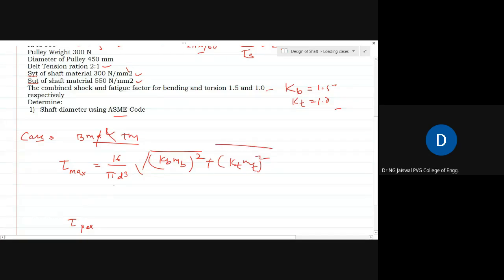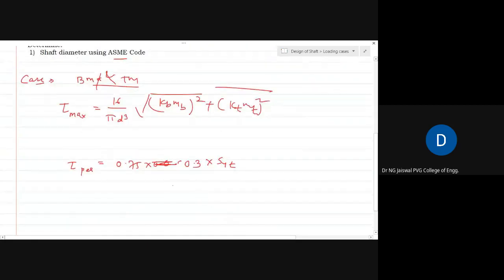Permissible stress is given by 0.75 into 0.3 SYT, or 0.75 into 0.18 SUT. Now, why am I writing 0.75? Because I am considering that keyways are present. SUT is given, SYT is also given.